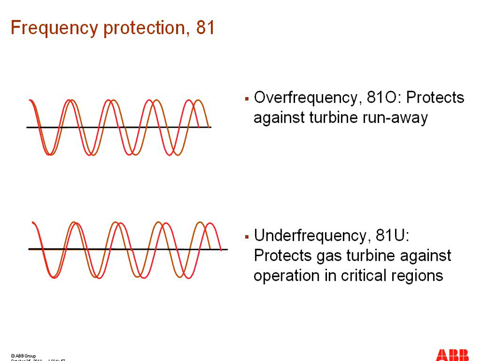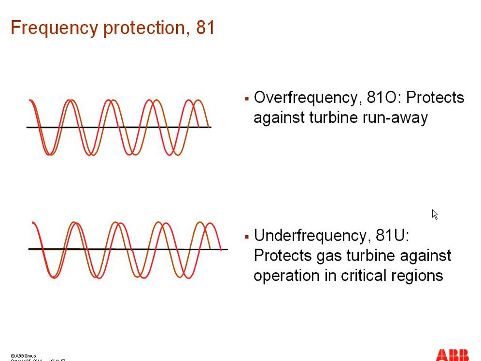This function can be used for generator shedding as well as remedial action. If the frequency remains above the set value for a settable time, then a trip is issued. And this function is normally supervised by an under voltage function.